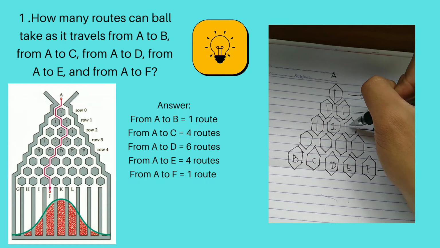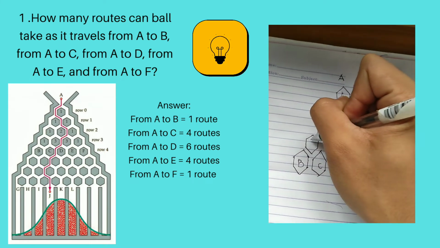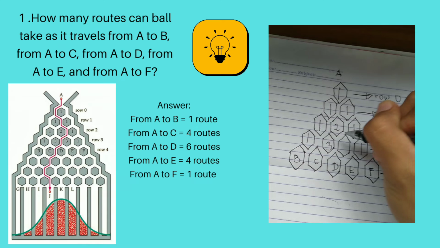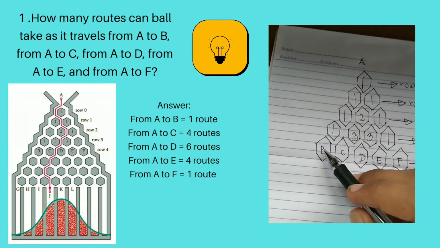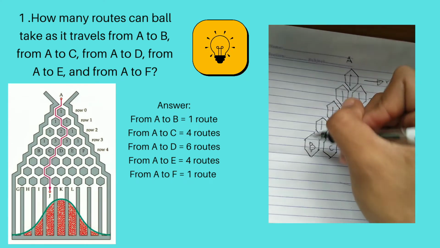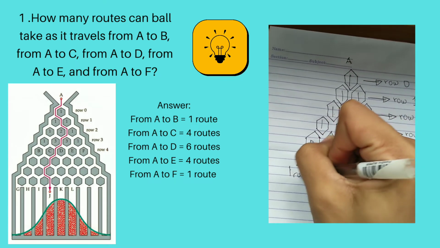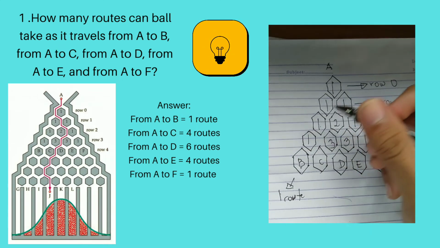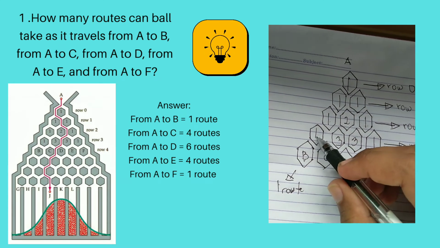On this right side, there is 1 route to take and also 1 from the edges. So 2 plus 1 is 3. 2 plus 1 is also 3. So in this letter B, our answer is number 1 because it is on the edge. So this is 1 route. In letter C, we add the 2 nearest numbers above, which is 1 and 3.